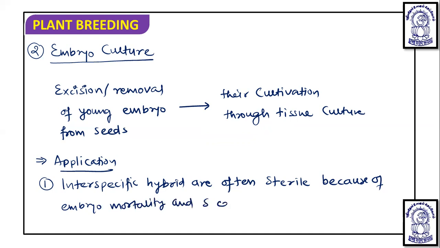Another reason is seed collapse. These two things happen in interspecific hybrids, so they cannot give a next offspring.